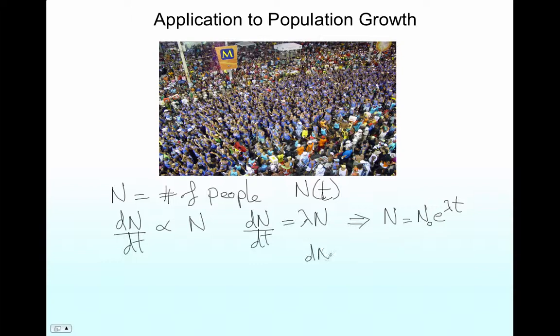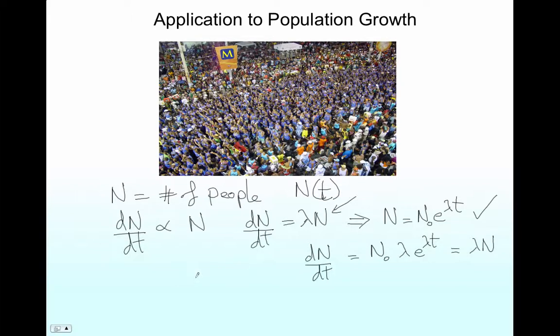Let me take dn by dt from here. Well, that's n naught. And if I differentiate e to the lambda t, I get lambda times e to the lambda t. But n naught times e to the lambda t is lambda n itself. And so this is the correct solution to this equation.